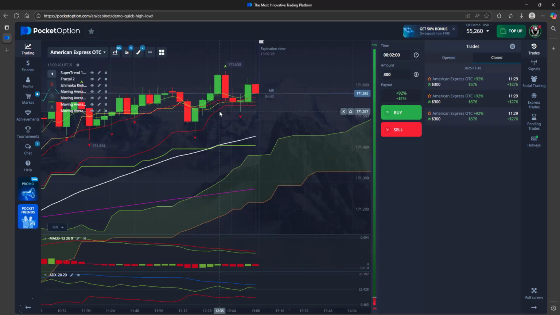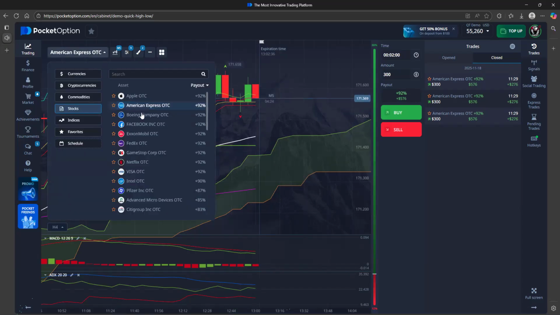Because now here's the thing about pocket options, ladies and gentlemen. So over-the-counter trading. Notice that this is American Express, and notice today is Saturday, but we're still able to trade it, right? I could trade ExxonMobil, I could trade FedEx, I could trade all this stuff. Currencies, cryptocurrency, I could trade all of it.